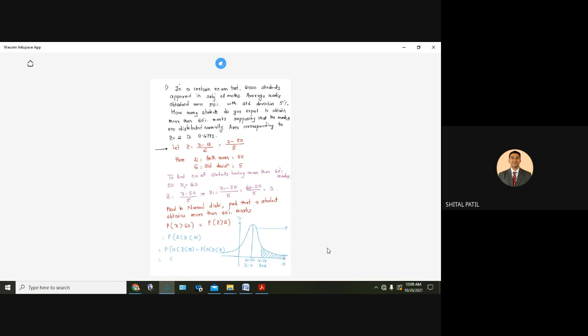The first is known to us, 0.5, and the second is provided in the example: the area corresponding to z equal to 2 is 0.4772. Find the subtraction.